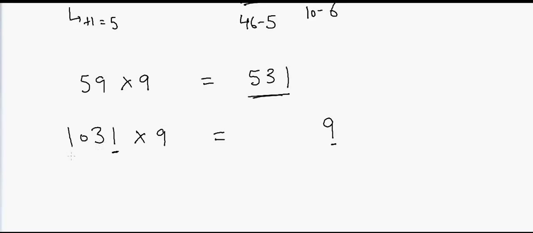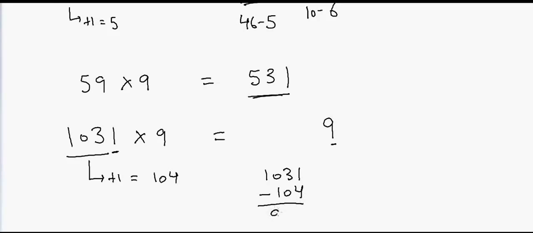Then I have 103, so I add 1 to it, that will be 104, and then I have to subtract 1031 minus 104. This could be a little tricky for some people, but if you look, it's not that hard. It's 927. So the answer will be 9279.